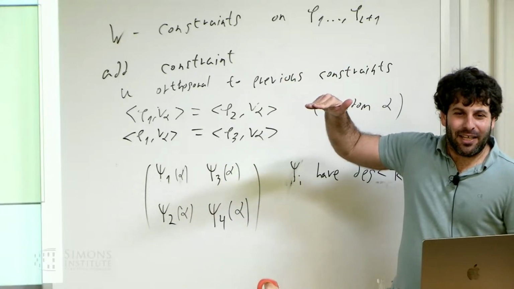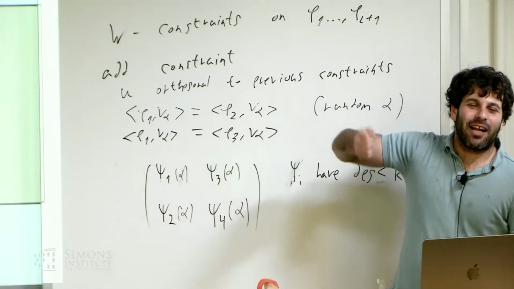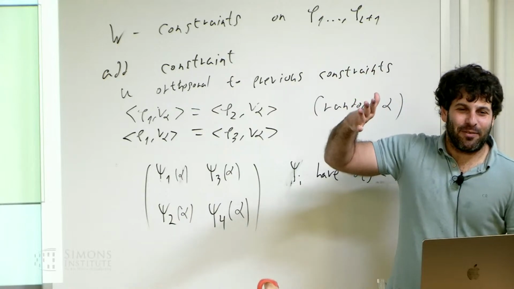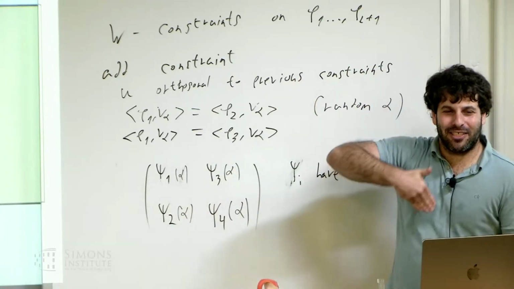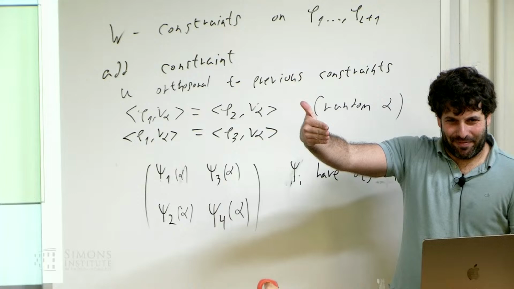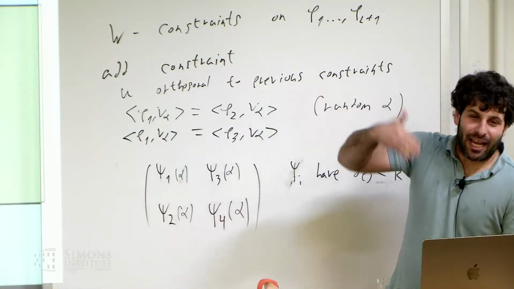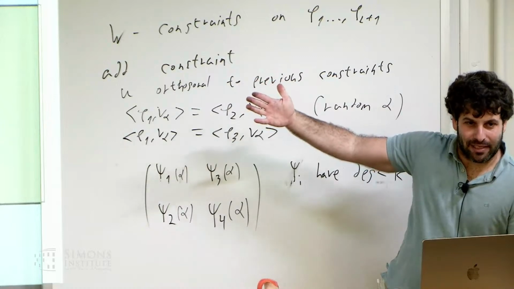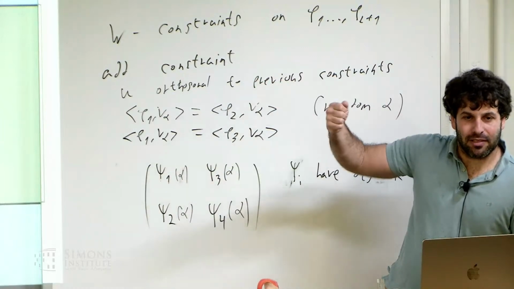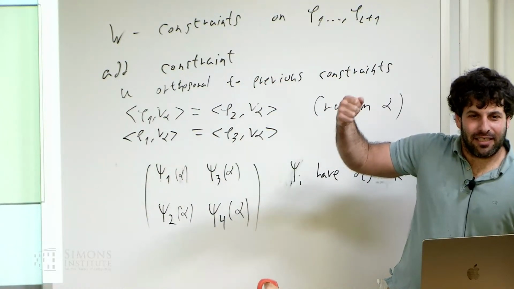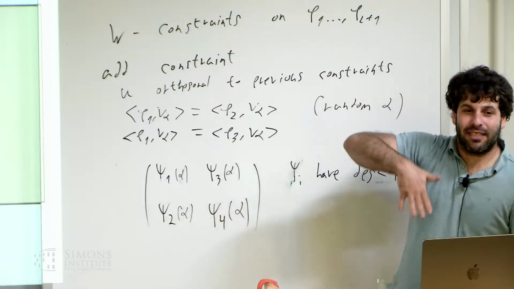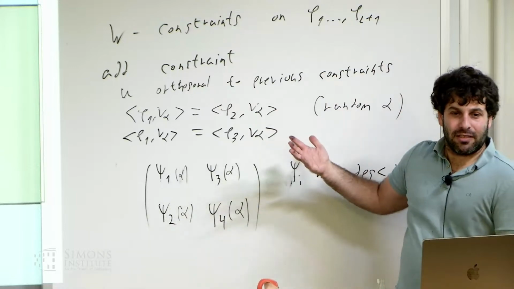We know that there exists at least one possible alpha for which the new constraint will be new, because otherwise you would already have all the constraints. This is where we use the assumption that until the current point, there are still linearly independent solutions.